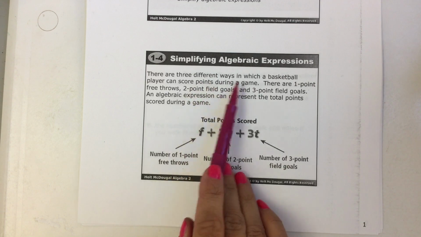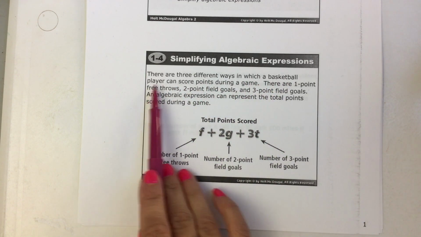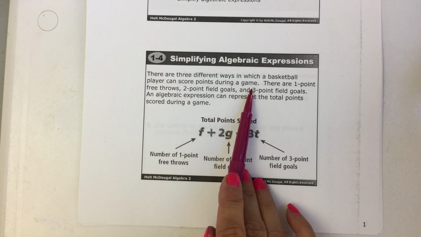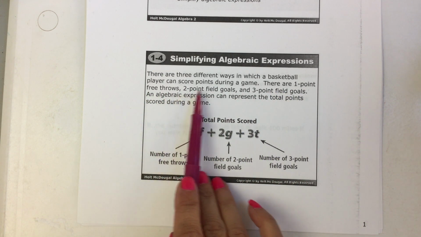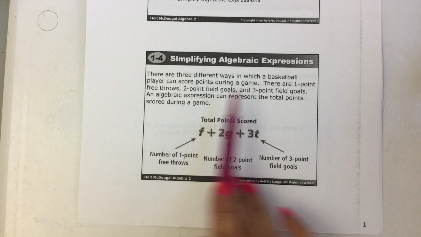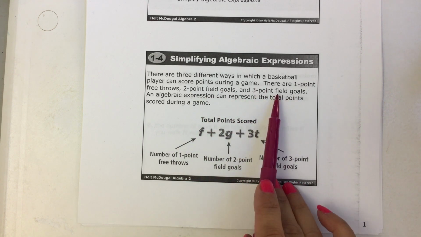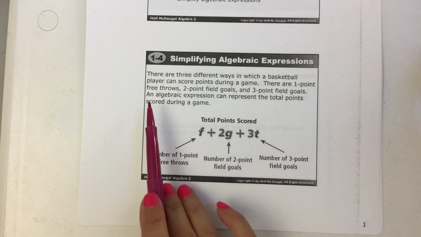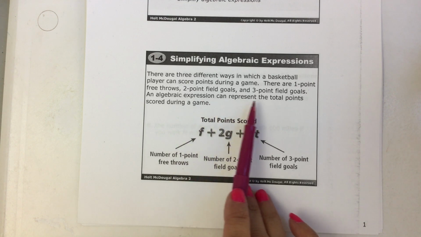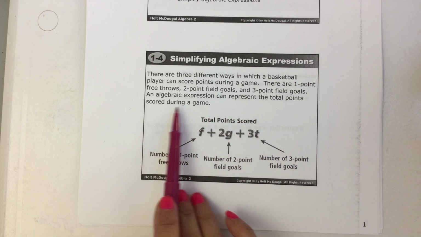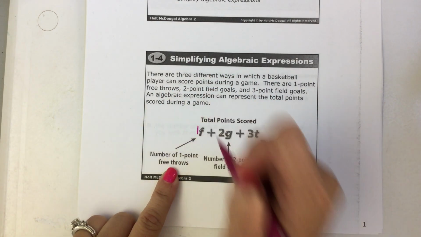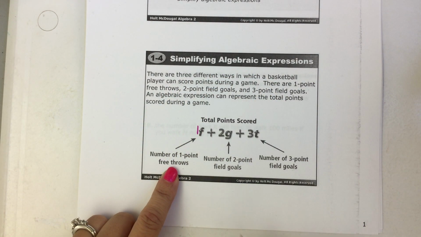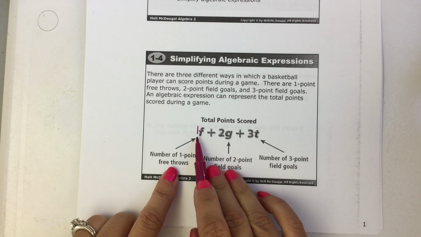There are 3 different ways in which a basketball player can score points during a game. There are 1-point free throws, 2-point field goals or 2-point shots, and 3-point field goals, again, 3-point shots. An algebraic expression can represent the total points scored during the game. If you have a variable without a number in front, it is said to have an unwritten one.